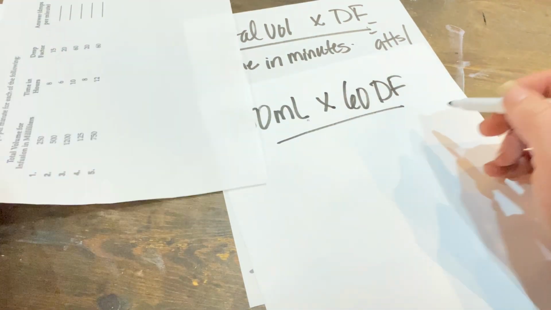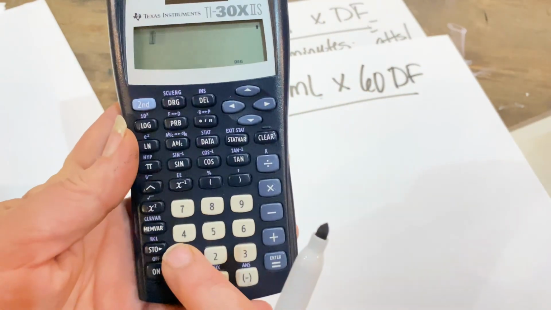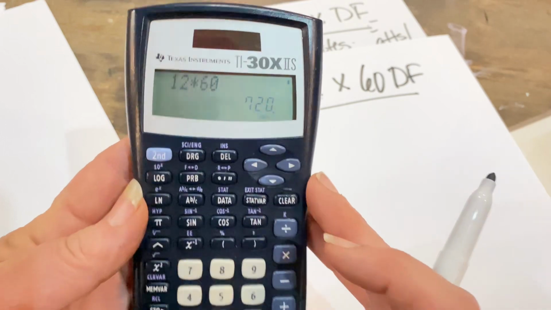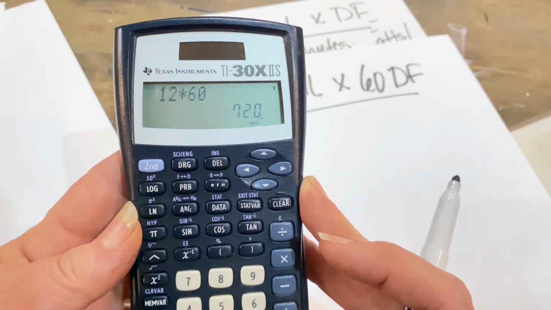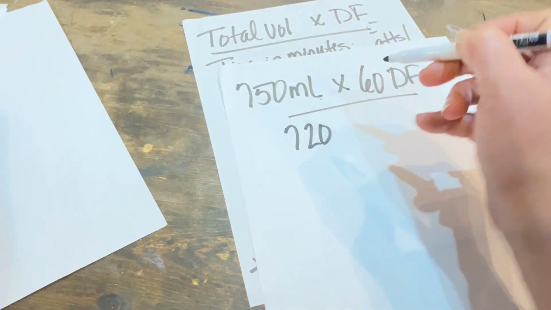Just because we can, we're going to do 12 times 60. That's 720 minutes.